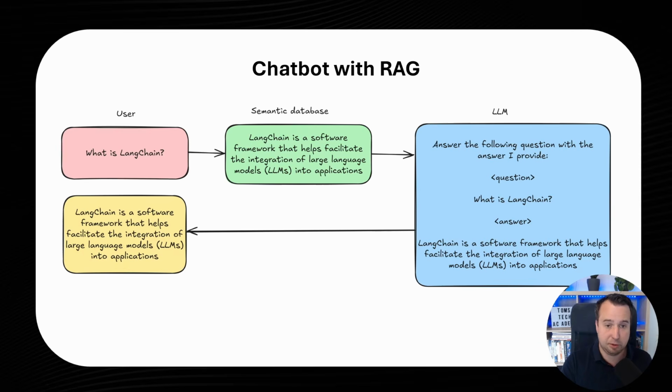For now, the only thing that you have to know is that the semantic database is going to provide the answer to the question, and then we are going to send both the question and the answer to the large language model. So you see on the right side of the screen, the question, what is LangChain? And the answer is LangChain is a software framework that helps facilitate the integration of large language models into applications. Then the large language model is going to reformulate the answer based on the information, the question and the answer that we have provided it. And this answer is then being sent back to the user.